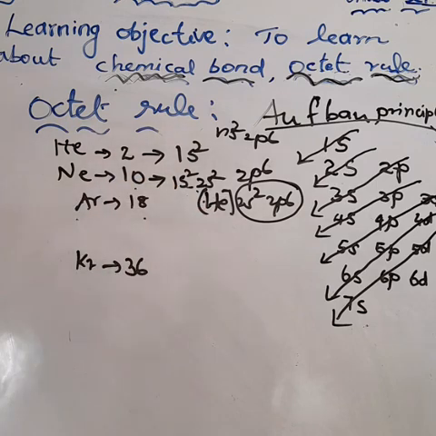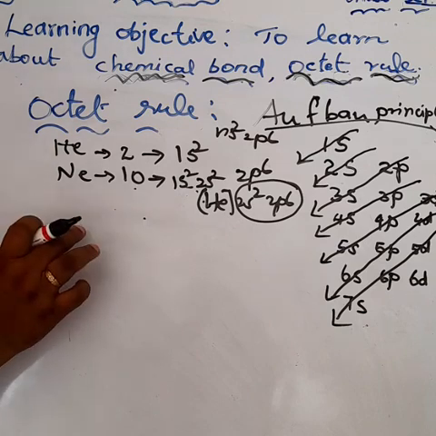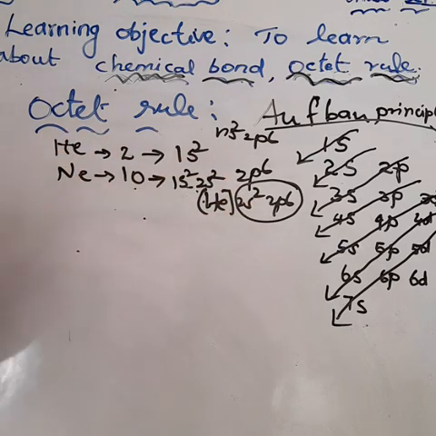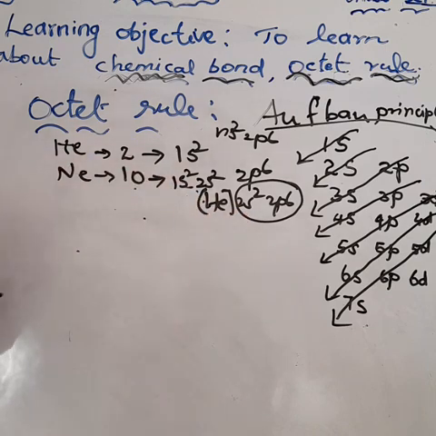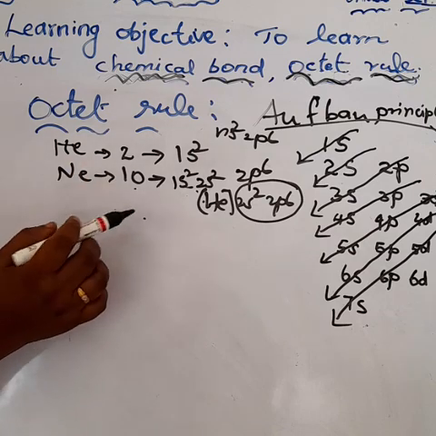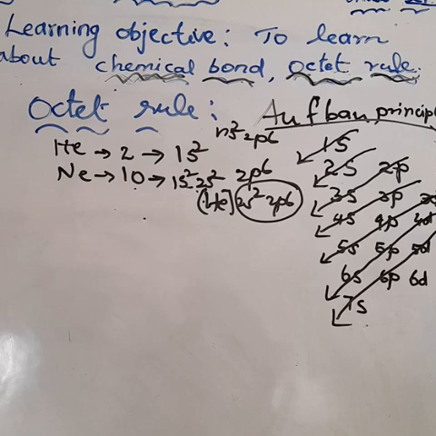We take helium, the nearest noble gas, and 8 electrons are remaining. So 2s2 and then 2p6. The s orbital maximum number of electrons is 2, p orbital 6, d orbital 10, f orbital 14. Okay, understood?